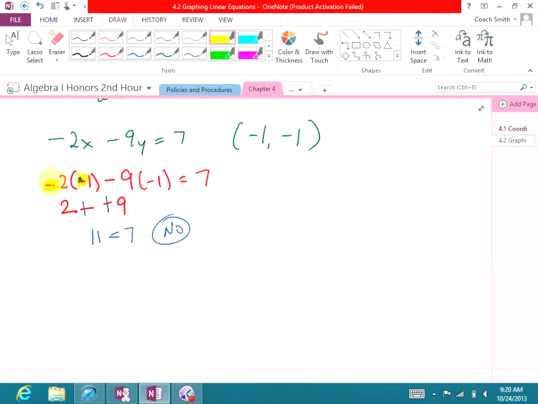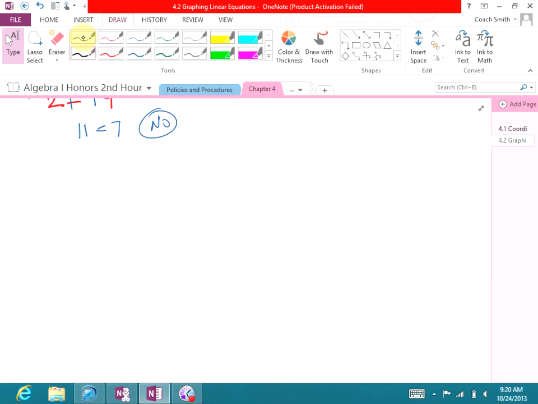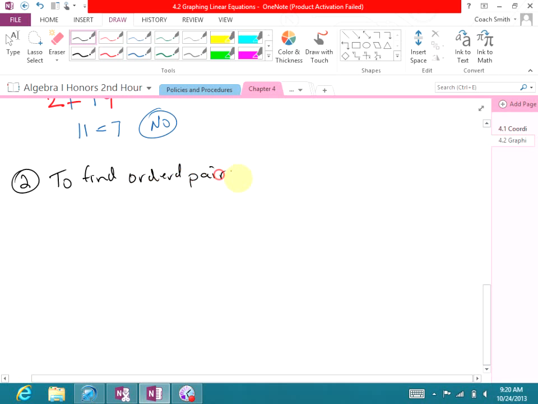Okay? The next thing we are doing, number 2, is to find ordered pairs for an equation.